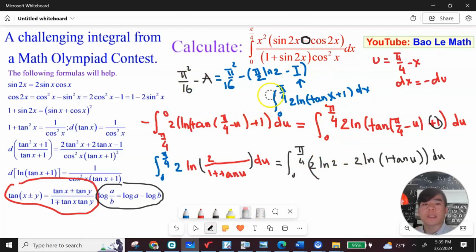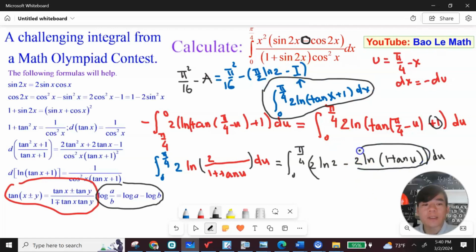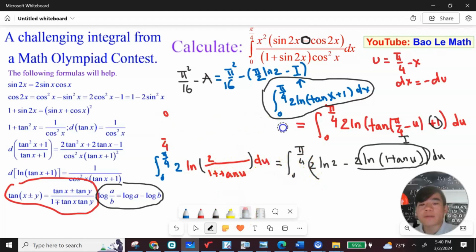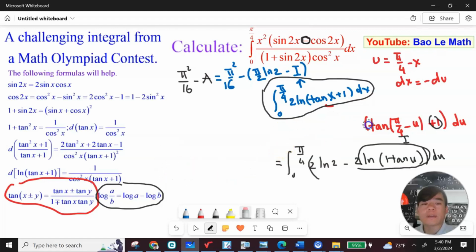So now I just break this integral down. This guy right here is actually I. So I just rewrite it.